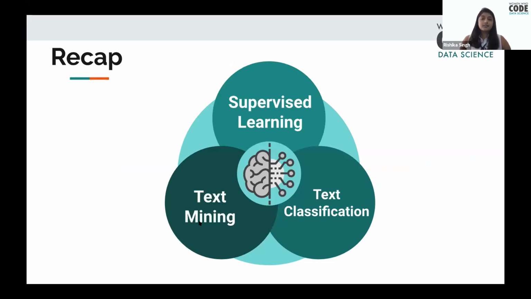And then we went into text mining and how it relates to text analysis and text analytics, and how important it is for several companies and organizations. And lastly, we went into text classification, the popular models that are used, and we also went into how to build a machine learning model and how we can evaluate this model.